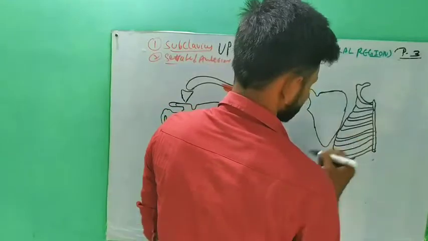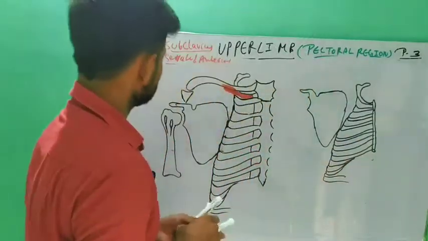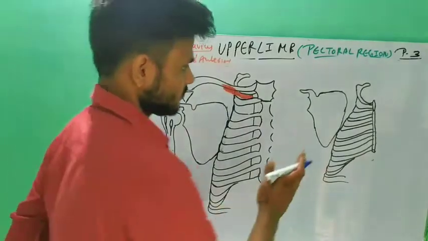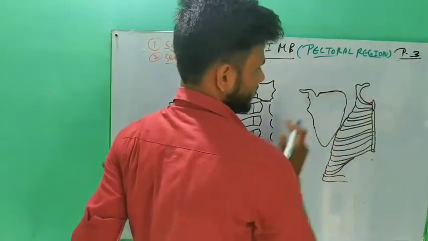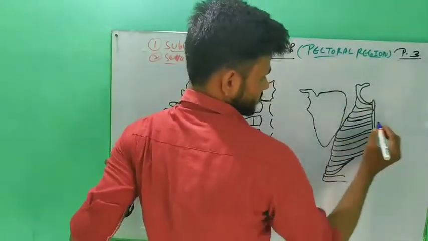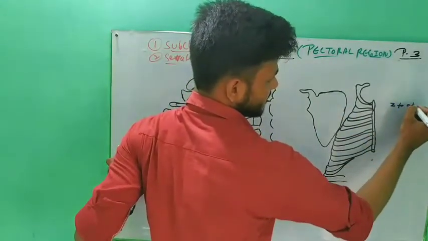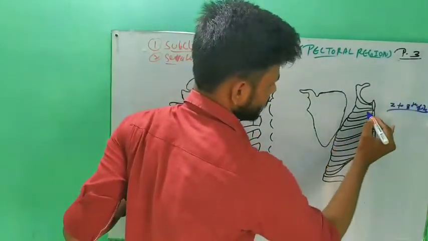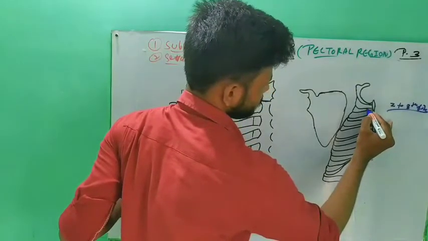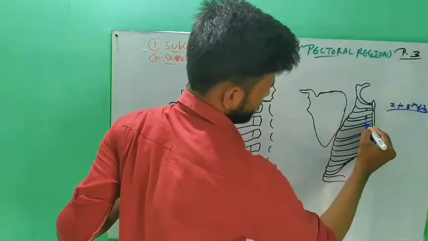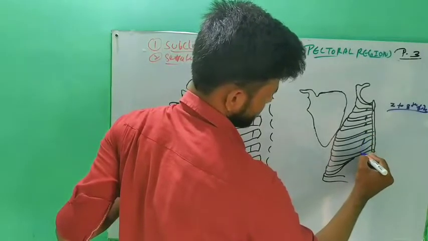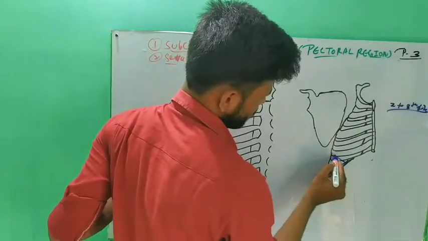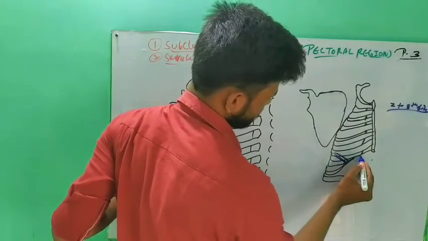This is the lateral view, and the origin of the serratus anterior muscle is laterally from the 2nd to 8th ribs: second, third, fourth, fifth, sixth, seventh and 8. So this is the origin of the muscle.